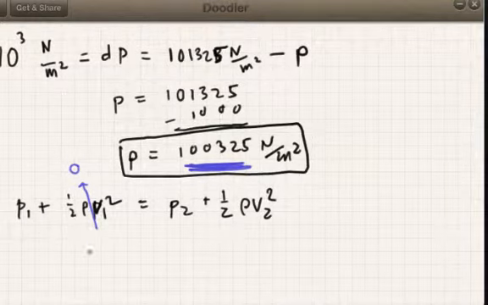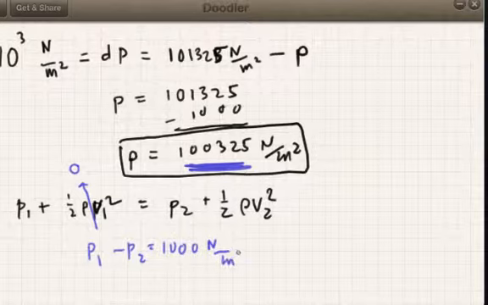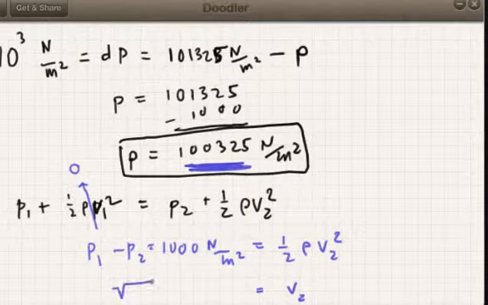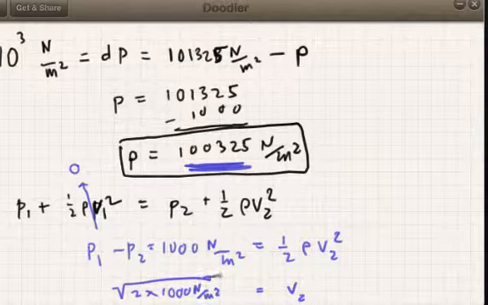So let's do this. P1 minus P2 equals 1,000 newtons per meter squared equals 1/2 rho V2 squared. So V2 equals the square root of 2 times 1,000 newtons per meter squared divided by the density. That equals V2. So the density would be the density of air.